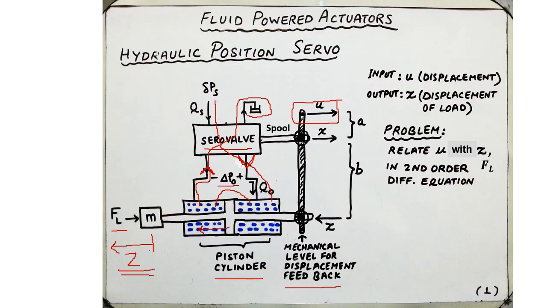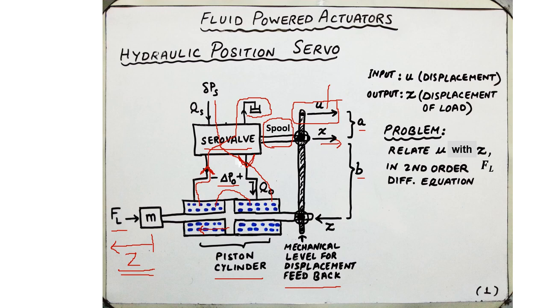In fact, the control of the fluid inside the servo valve is provided by the spool, the displacement of the spool, and the displacement variable is X. And we have also marked the length parameters A and B, where A is the distance between the point at which the input displacement U is applied and the point in which the spool is connected to the mechanical lever.